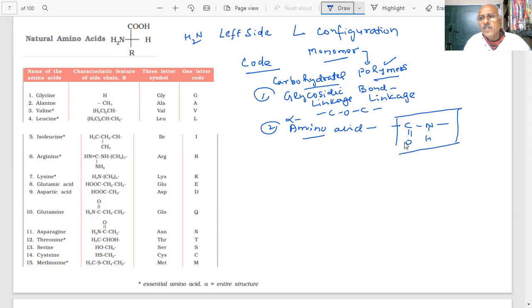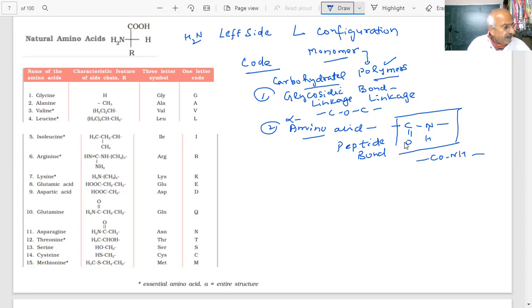What is this known as? Peptide linkage, or a peptide bond. Very important. CONH, students. So there is a COOH group on one and NH2 group on the other amino acid. They will condense with the loss of water molecule to form a peptide bond. We'll explain to you all these things, students.